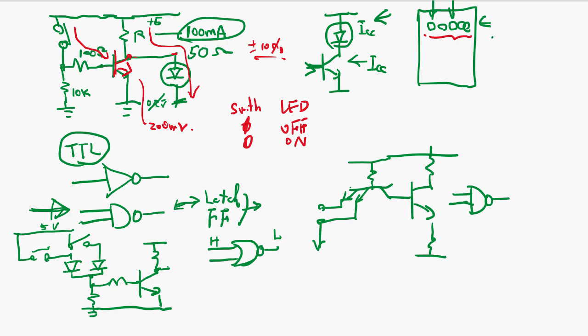The diode can have a logic array. The logic array is like you have input lines and output lines. You connect them with diodes.